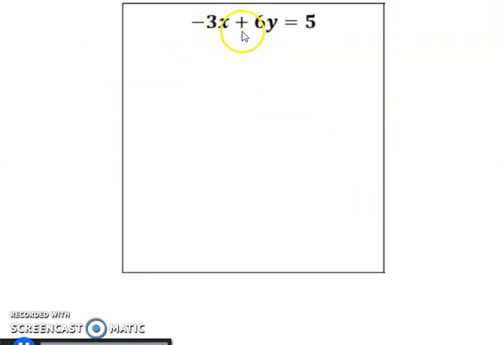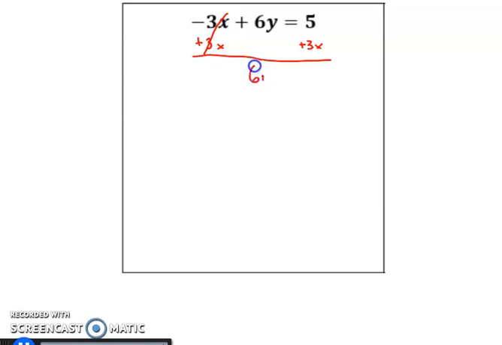So I have negative 3x plus 6y equals 5. I'm trying to get to slope-intercept, so I want it to be y equals mx plus b. So zero out this first. We have negative 3x, so we're going to add 3x to both sides, keep that balance. All right, that's zeroed out.